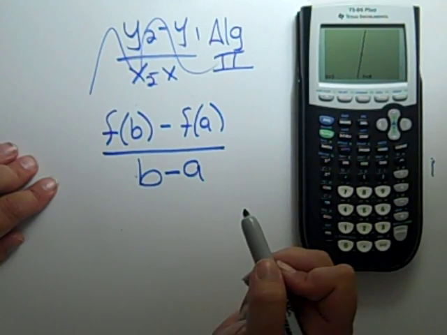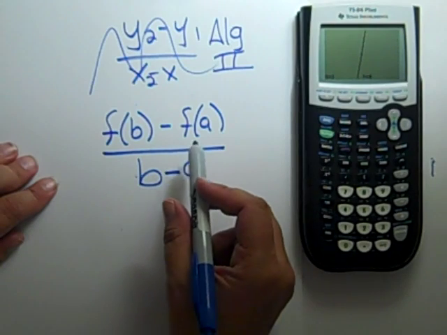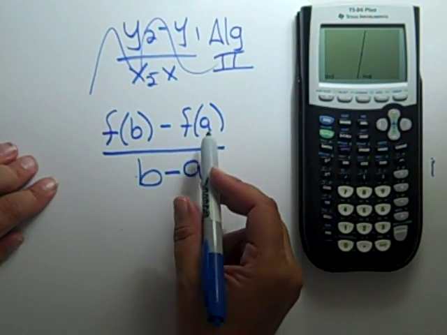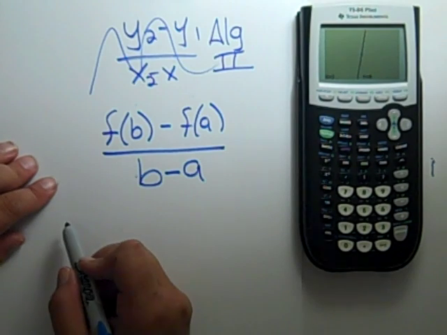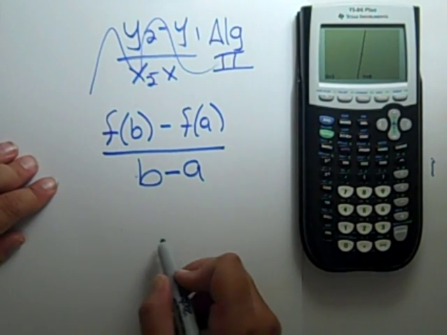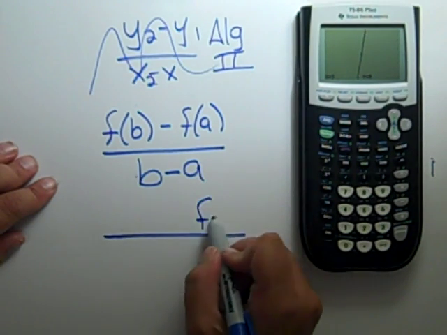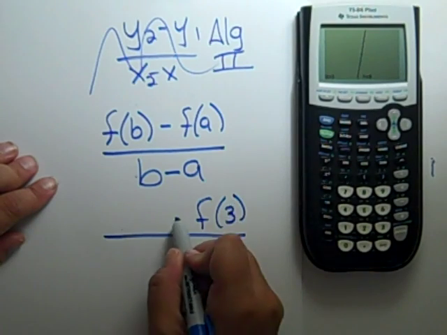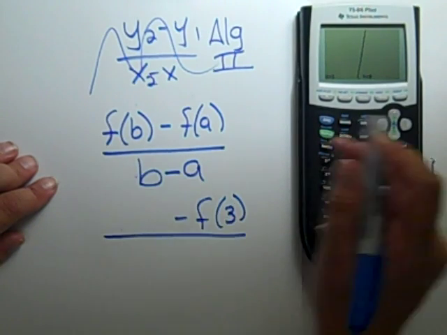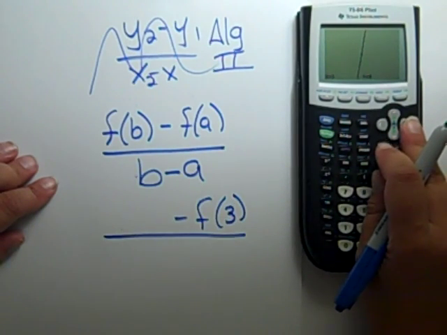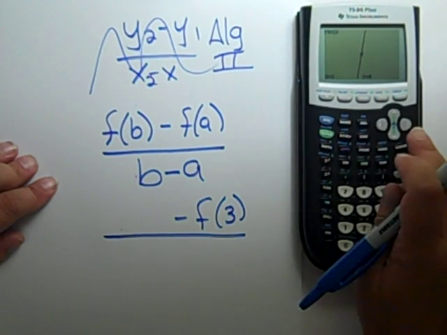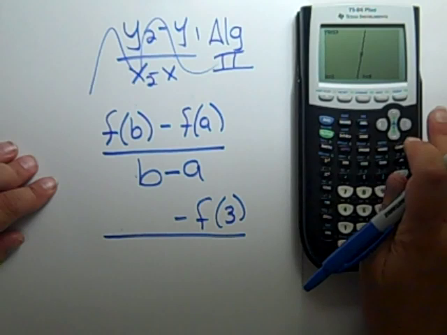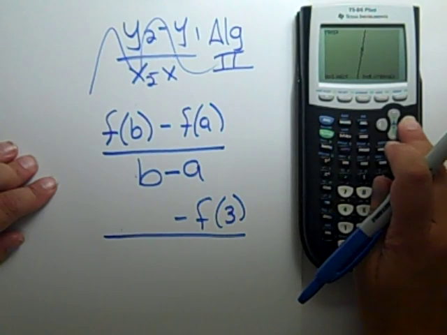Okay, so if you remember from the other video, the a value is the first x value. So a is going to equal 3. So this will be f of 3. And b is going to be the second value. Oh, what are we going to use for our second value if we're going to find slope? Well, why don't we hit trace again and go one notch up the line. Okay, so let's see.